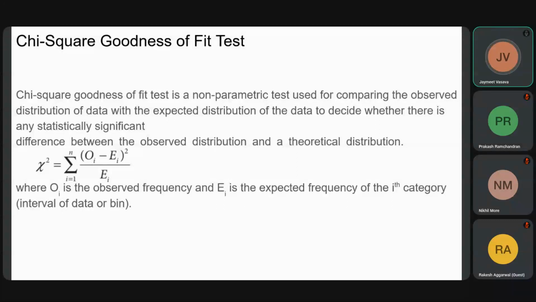Let's say we have an actual observation, and the expected observation, or an observation that we believe to be true. So this chi-square goodness of fit test is used when we are checking the validity of an actual observation and the observation that we are led to believe for whatever kind of reason.